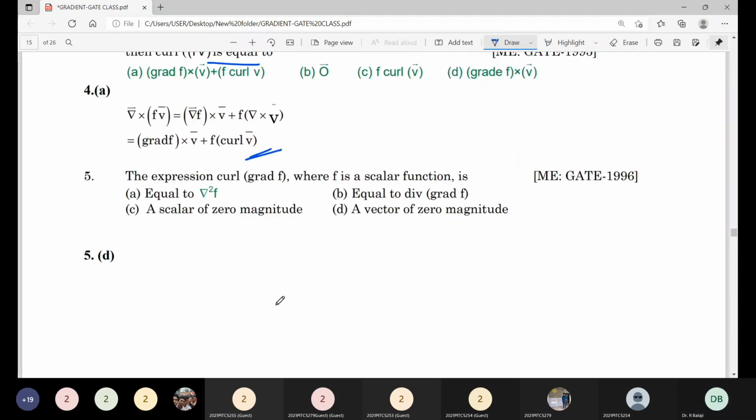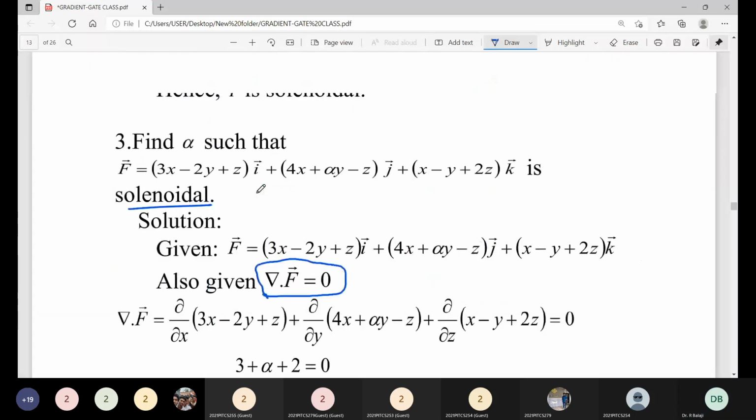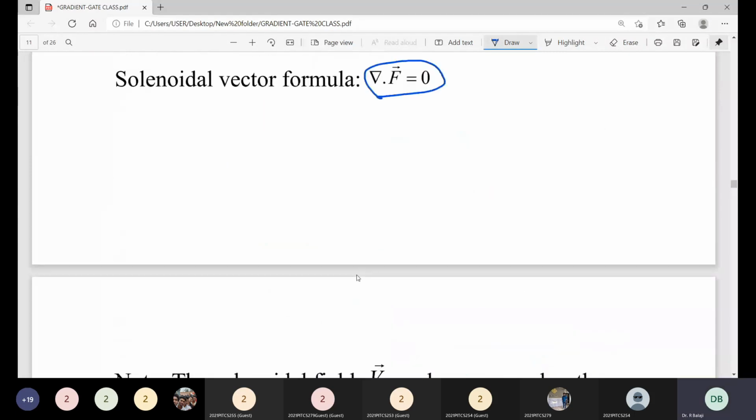Next. See the expression of curl grad f. The answer is a vector of 0 magnitude. Now listen, the curl of grad f is the same GATE question which we have solved in the introduction. Curl of grad phi; instead of f, there we had phi.